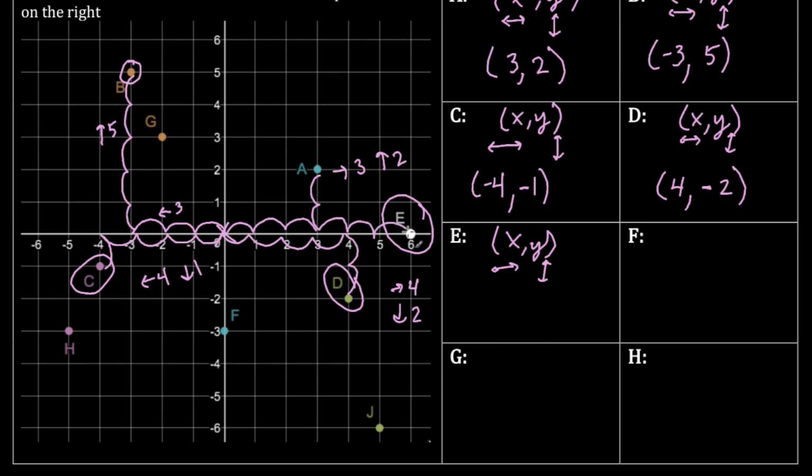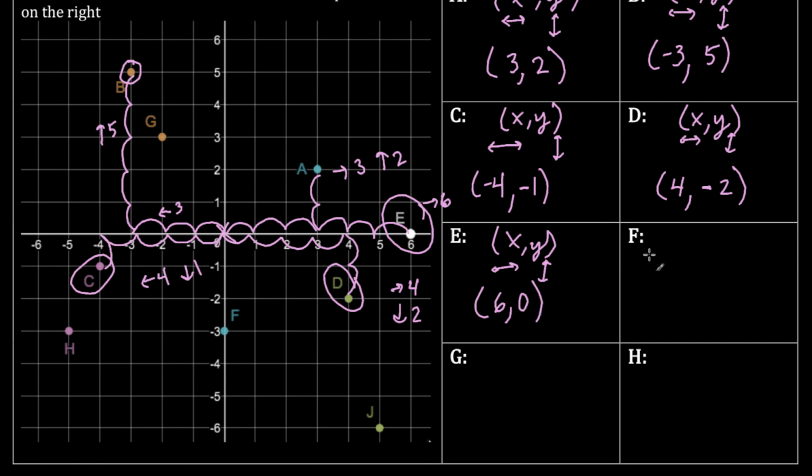So we go right 6. But then we don't move up and we don't move down. So we moved right 6, which would be positive 6, and we didn't move up or down, so I just put a 0. We moved 0 amount up and down.